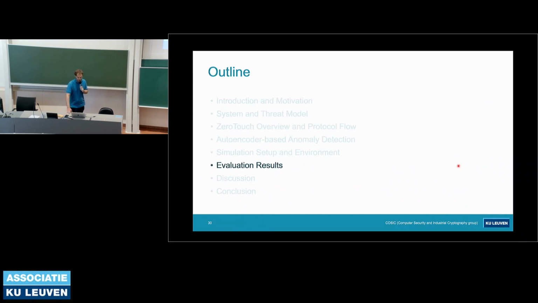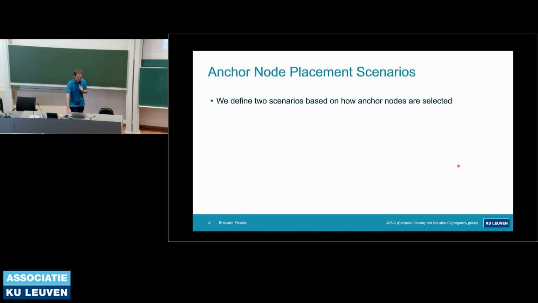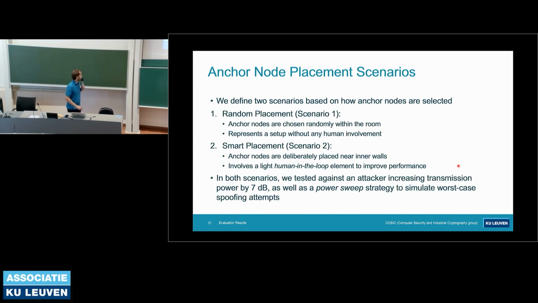So, what are our results? We define our scenarios based on how the anchor nodes are selected. Remember, we had a bunch of nodes that we were testing, and we need to somehow select a certain subset to test if our system is working. Here we have 2 approaches.